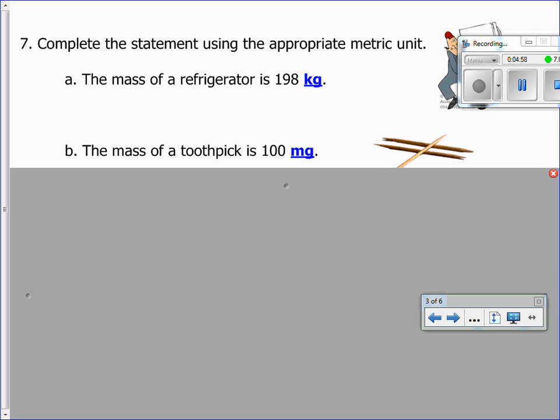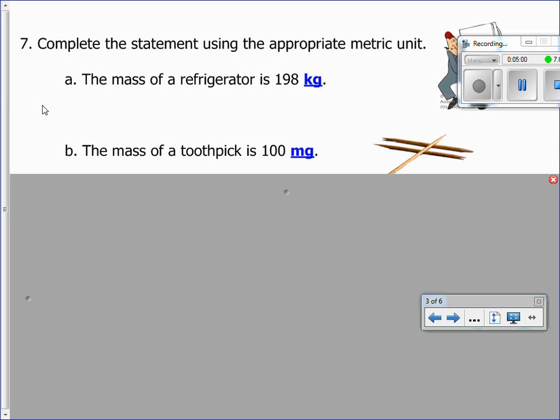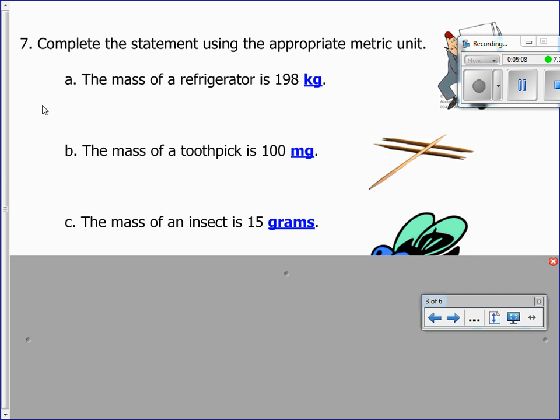Milligrams. Somebody other than Lance, and I want to hear the rest of the class. The mass of an insect is 15 what, ladies? Grams. What is a gram? What object can we tell you to think about a gram again? What was it, class? Small paperclip is the gram.